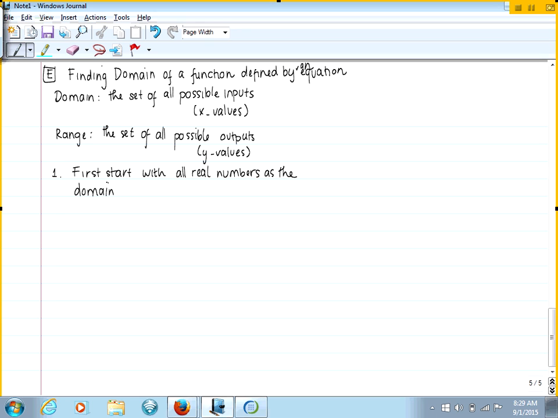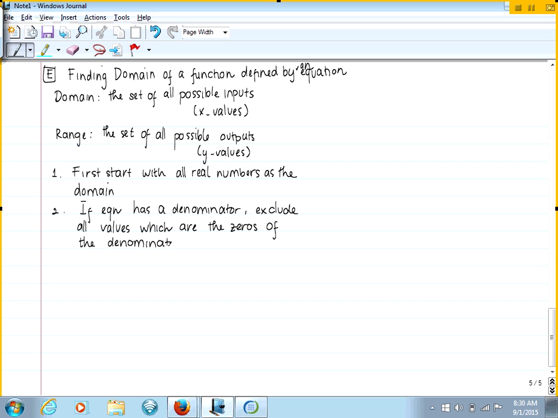As the domain. Number 2, if the equation has a denominator, exclude all values which are the zeros of the denominator.